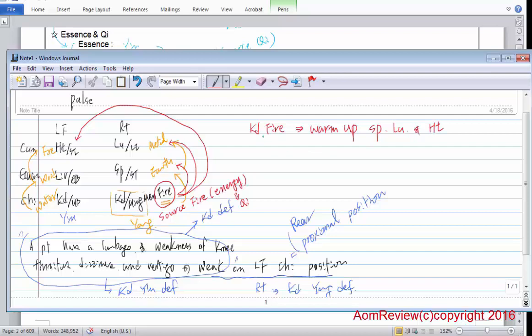So this is like a root organ, the source of the fire, the source of the yang organ, right? And also, there's the kidney yin. Kidney yin nourishes the liver yin, and kidney yin also nourishes the heart yin. Kidney yin nourishes the lung yin too.